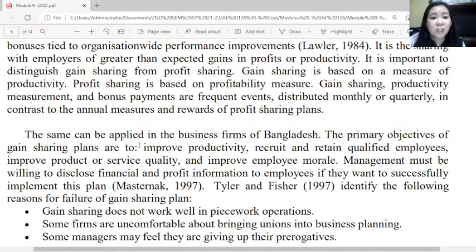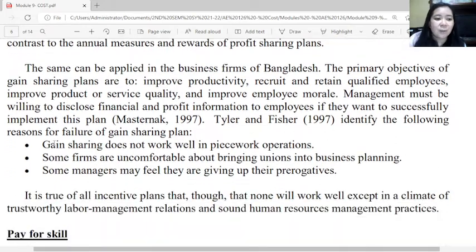Profit sharing is based on a profitability measure, while for gain sharing, productivity measurement and bonus payments are more frequent events. They can be distributed monthly or quarterly, in contrast to the annual measures and rewards under profit sharing plans. The same can be applied in business firms, like the bank in Bangladesh.